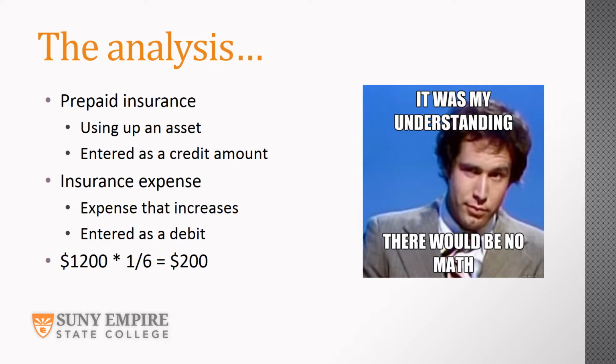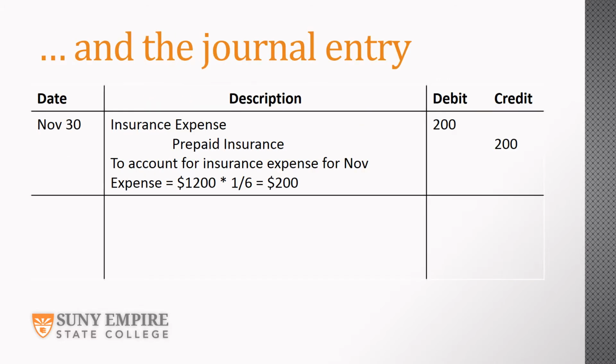Since 1 month has passed since Polly's Plushies took out a 6-month policy, the value of the asset will decrease by 1/6. We multiply the $1,200 value of the policy by 1/6, and the entry will be in the amount of $200. The journal entry starts, as always, with the date.